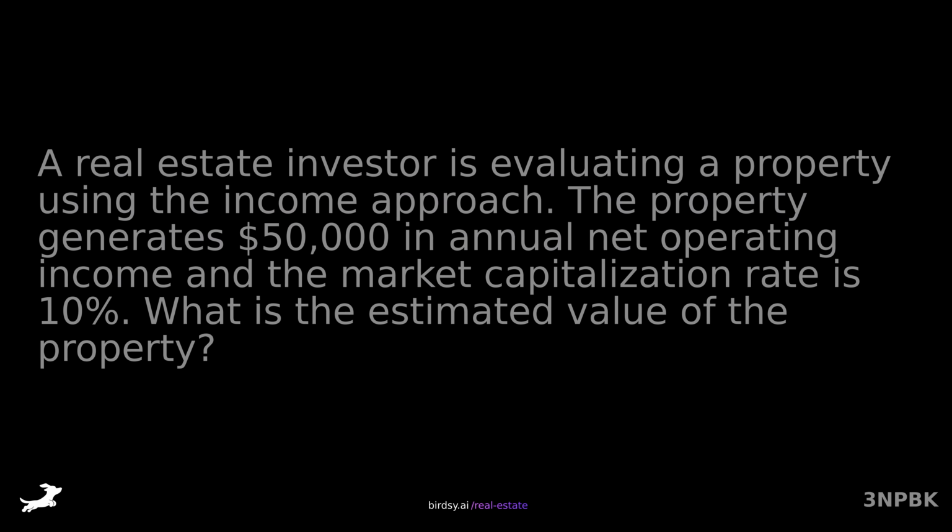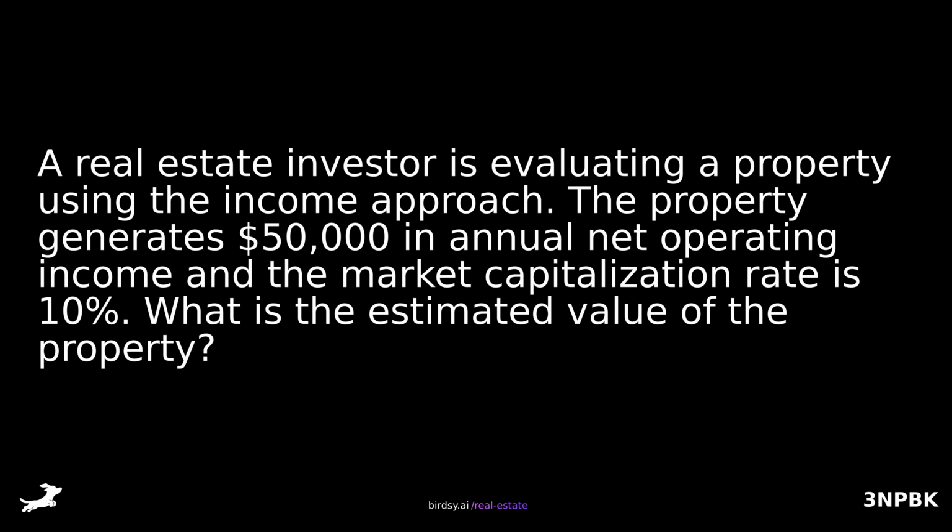A real estate investor is evaluating a property using the income approach. The property generates $50,000 in annual net operating income, and the market capitalization rate is 10%. What is the estimated value of the property?